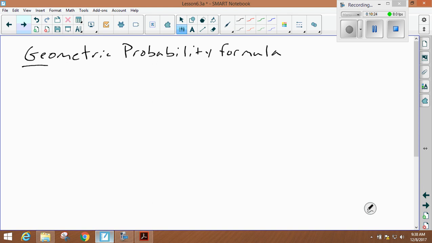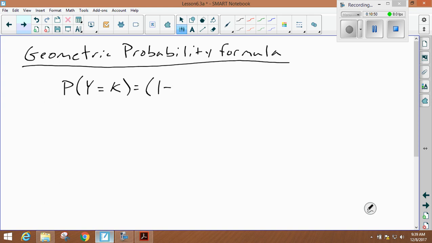I just handed you the formula sheet, and this one's not on there. You'll notice, right? It's not on there because what we've got is P of Y equals k equals (1 minus p) to the k minus 1, times p.